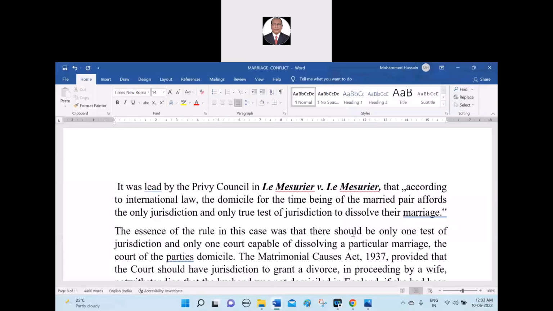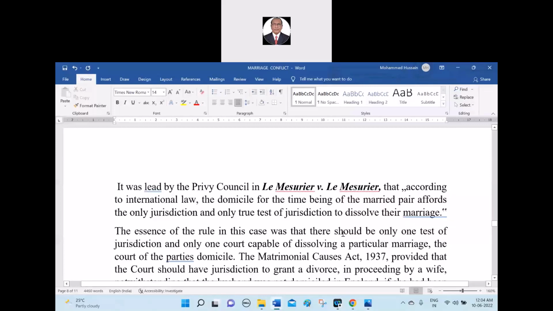The domicile for the time being of the married pair affords the only jurisdiction and only true test of jurisdiction to dissolve their marriage. That means, what would be the law in Tanzania for dissolving their marriage? That would be considered even if both parties filed a case for divorce in India.